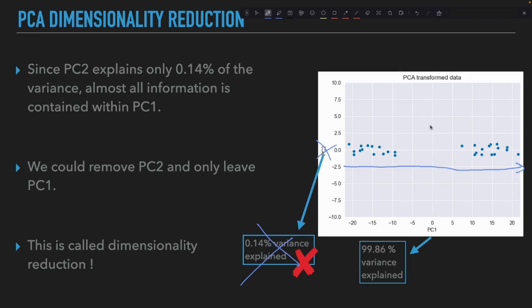And again, we would be able to cluster our data without a problem. We could achieve separation between groups by using only one of these artificial features. And by reducing dimensionality of the dataset from 2 to 1, we achieve something that is called dimensionality reduction.